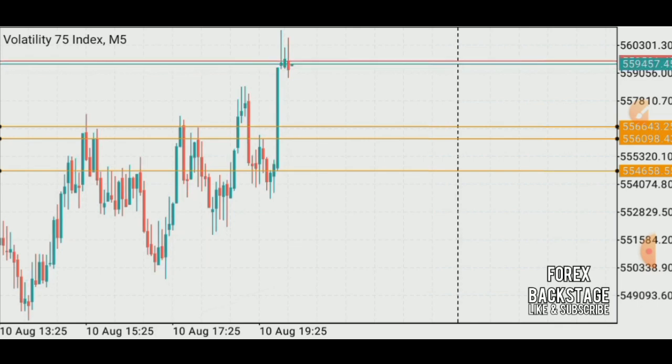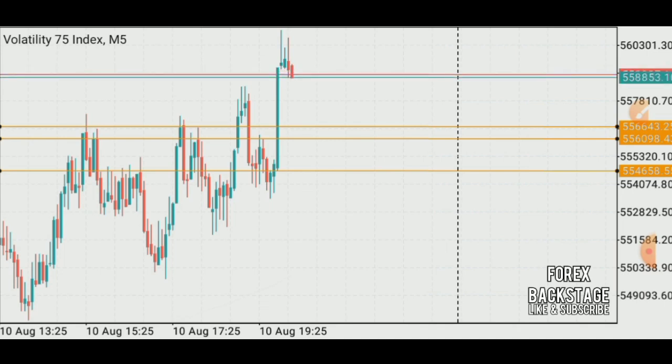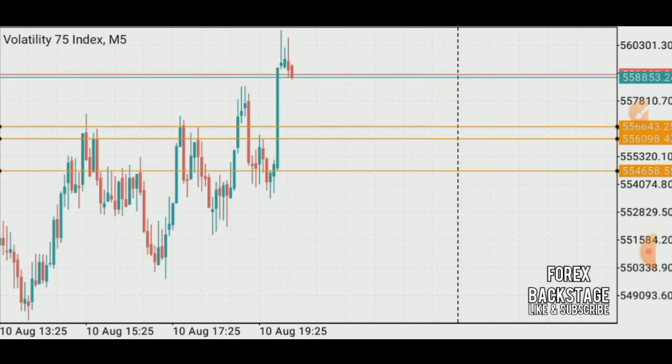Now if you look carefully, you will discover that the candlestick reacts to these lines. These 3 lines here, it reacts to this line. So once the candlestick comes to that line, you wait for a sign that will show you the resistance or the support is going to hold.